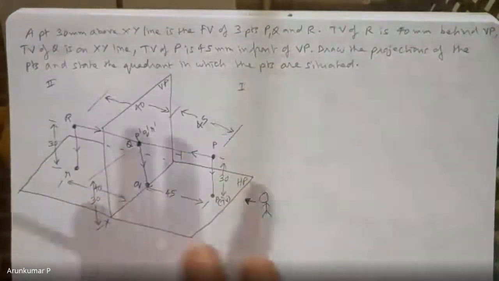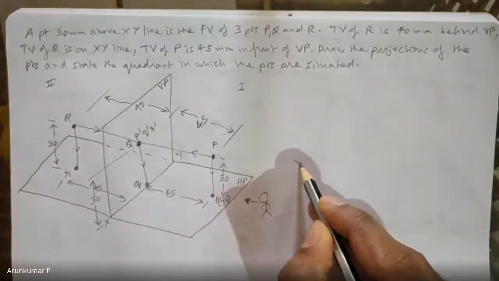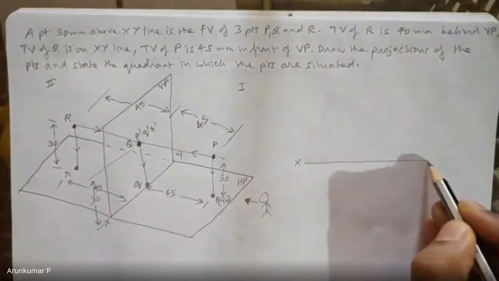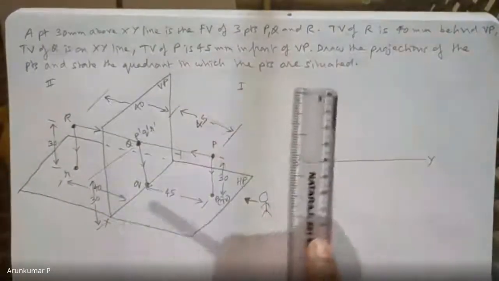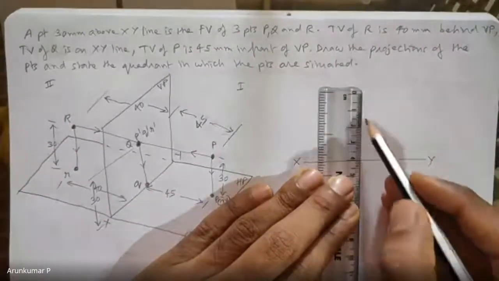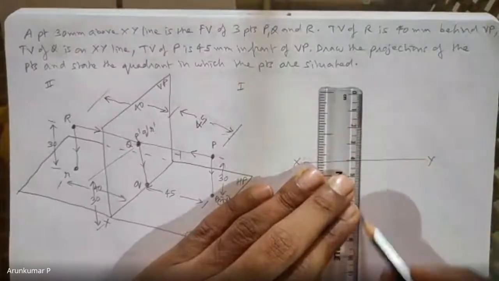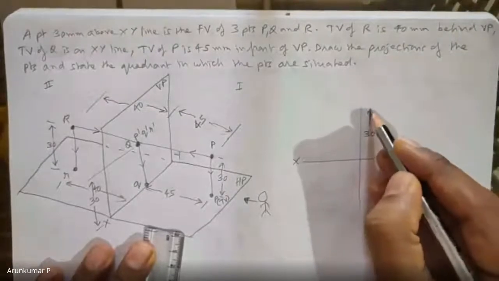Now here it may look a bit complicated, but if you see the 2D view, it is very simple. All you have to do is draw the XY line. Draw a vertical line at a distance of 30 mm, 30 mm above HP.